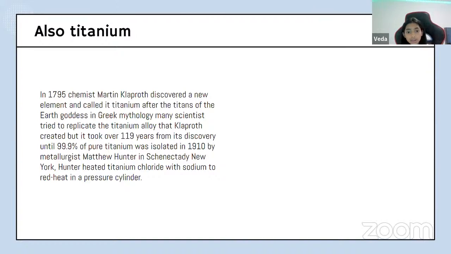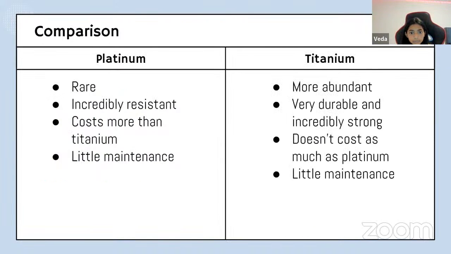Many scientists tried to replicate the titanium that Klaproth created, but it took over 119 years from its discovery until 99.9% pure titanium was isolated in 1910 by metallurgist Matthew Hunter in Schenectady, New York. Hunter heated titanium chloride with sodium to red heat in a pressure cylinder.